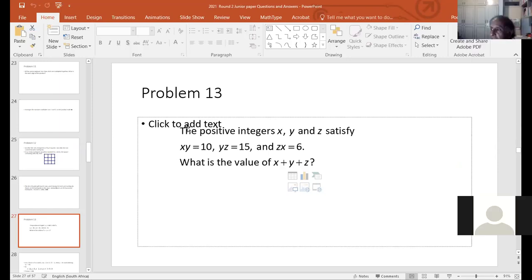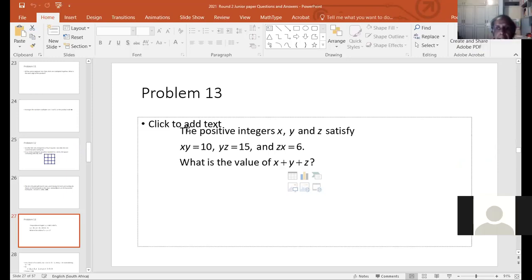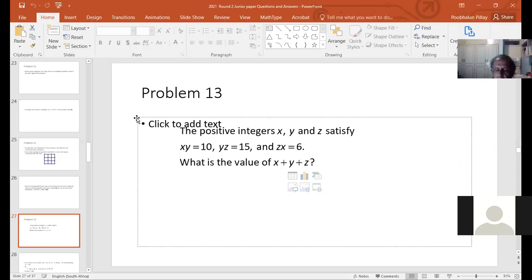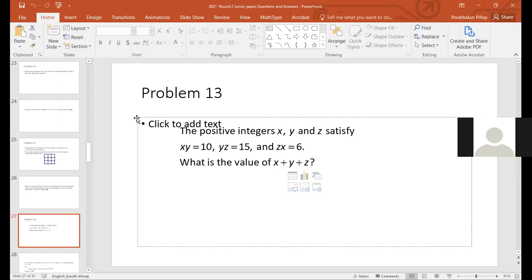Wow, there are 5 people who've got the whole 13 right. Well done, guys. Would you just please put that in the chat column, your names? Just put down 13 in the chat column, and I will know who you are. There should be 5 of you. Oh, there are 4. But whoever has got 13, please tell me. Oh, there are actually 12 because I'm at problem number 13 now.